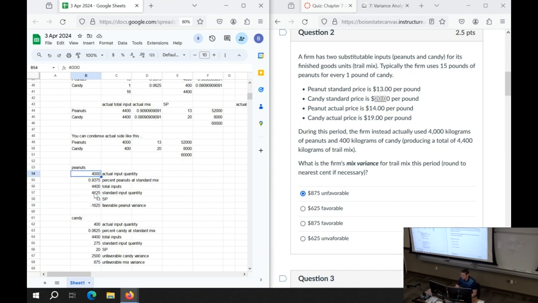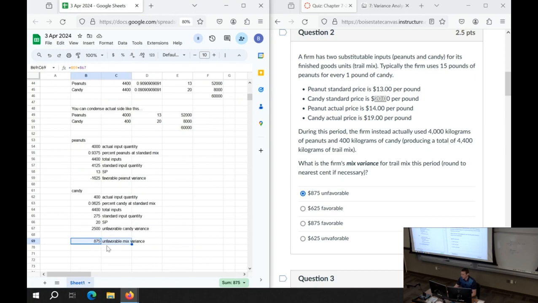You just do that for every single type of input, where standard input is given the standard mix and the total input. That 4,400 should have been 4,125 peanuts. That 4,400 should have been 275 candy. That's calculating the standard that way. As long as you can get that added, you just also have to remember to sum them at the end. This favorable peanut quantity variance, this unfavorable candy quantity variance, gives a total of 875 unfavorable mix variance there.